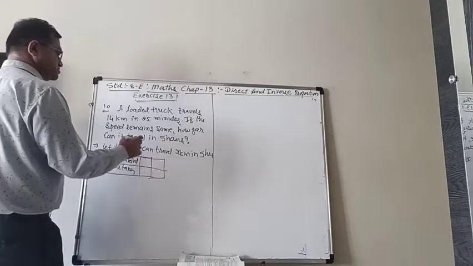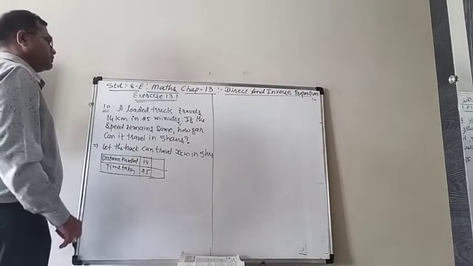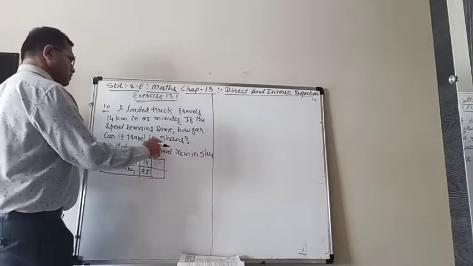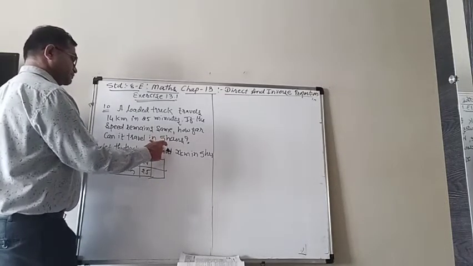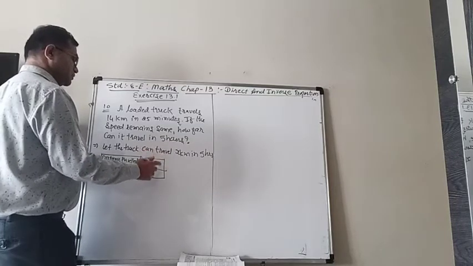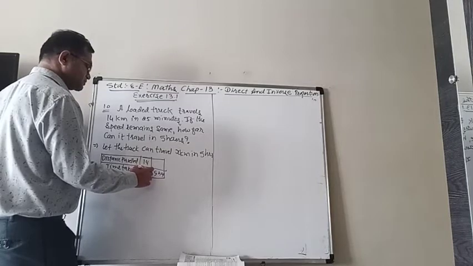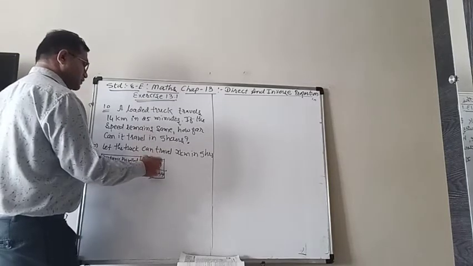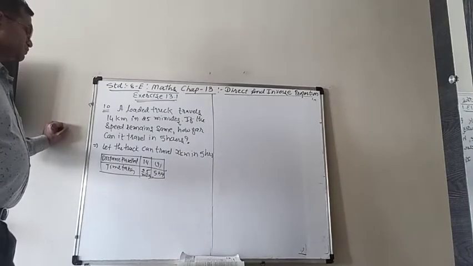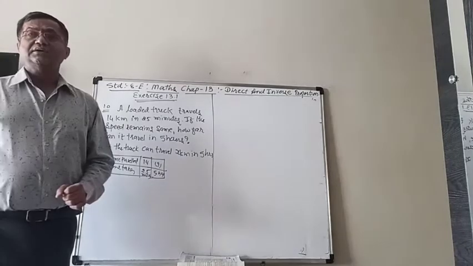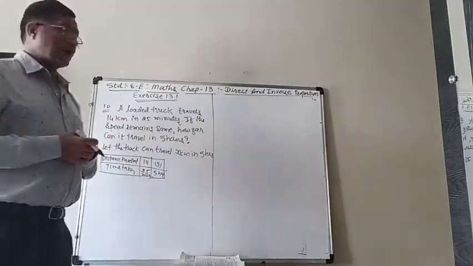So when distance is 14 kilometers, it takes 25 minutes. So now in 5 hours, here it was minutes. So now we have to be very careful, because we can't compare, one is in minutes, one is in hours.